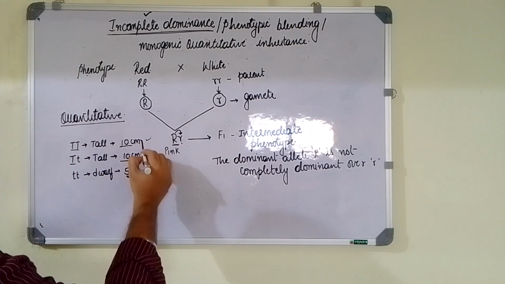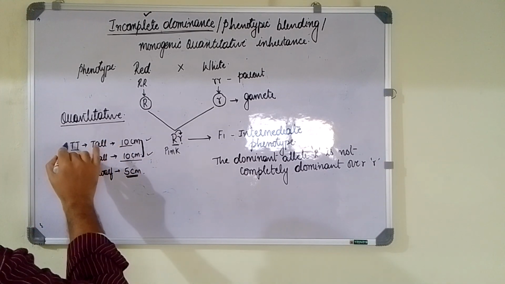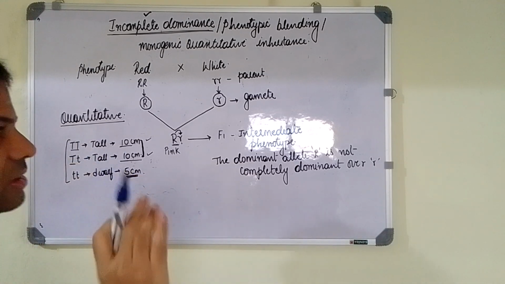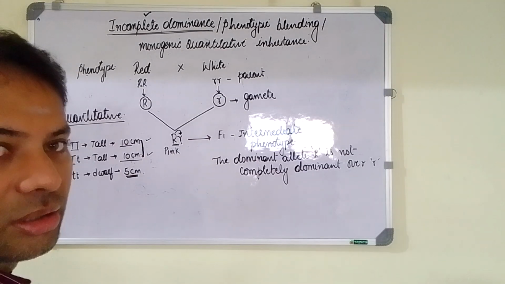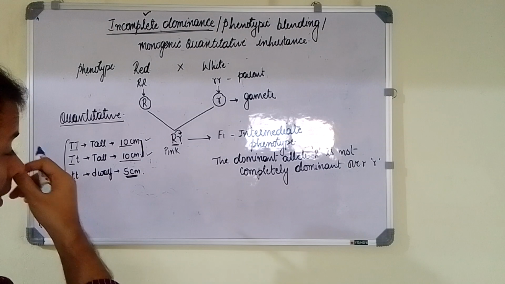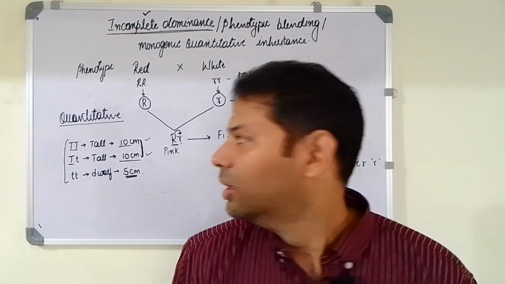So in this case, where we are talking about the height of the plant, the number of dominant alleles is not playing an important role in expressing the dominant phenotypic trait. What is important is whether there is a presence of the dominant allele or not.